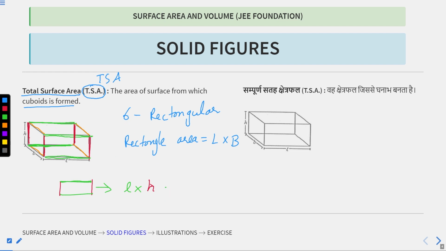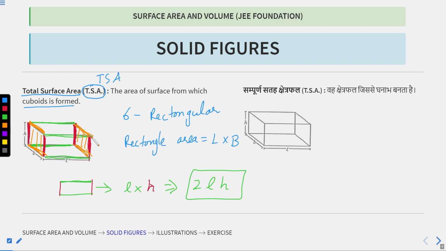So the area is 2 times LH, 2LH. Now the side walls, the side rectangle in between these 4 lines, will have the same area, because it is also enclosed by 2 same length sides, of red and orange.